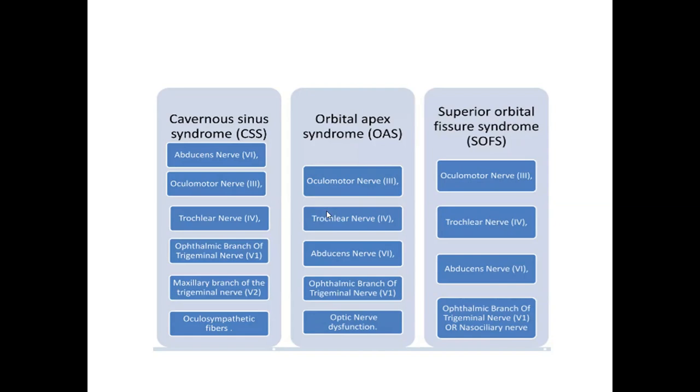This is the same diagram. Cavernous sinus: third, fourth, sixth, V1, V2, and some sympathetic fibers are also involved, but Horner syndrome is difficult to diagnose when third, fourth, and sixth are involved. Orbital apex syndrome: 3, 4, 6, V1 segment, and optic nerve involved. Superior orbital fissure syndrome: 3, 4, 6, and V1 only.